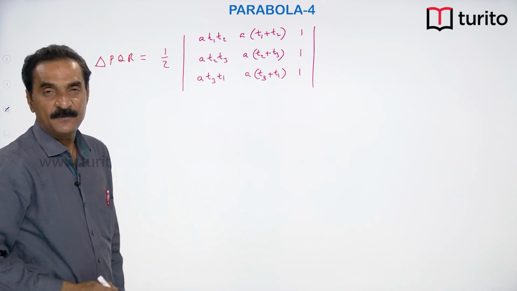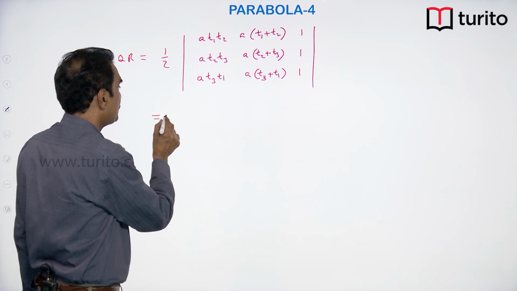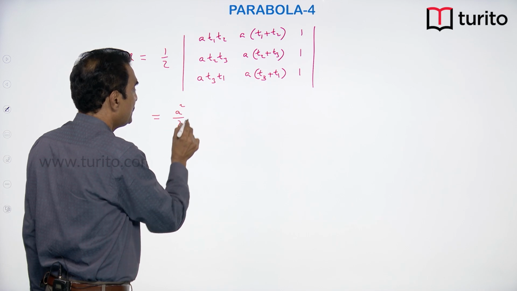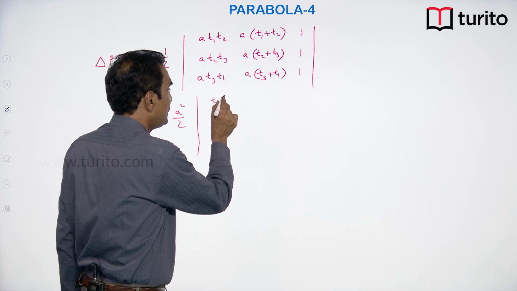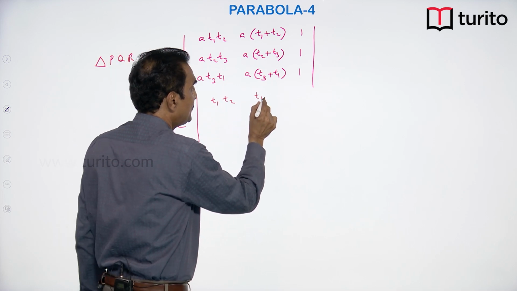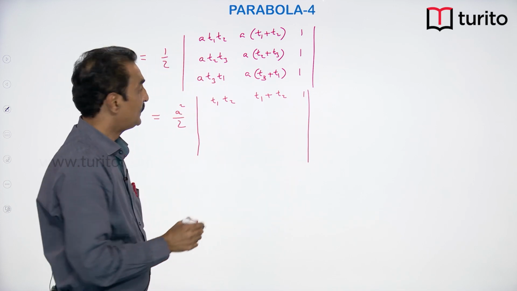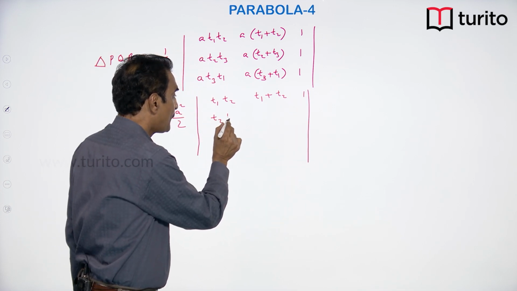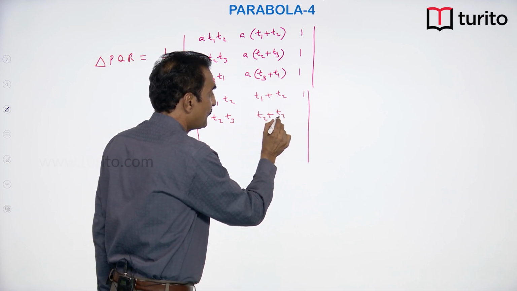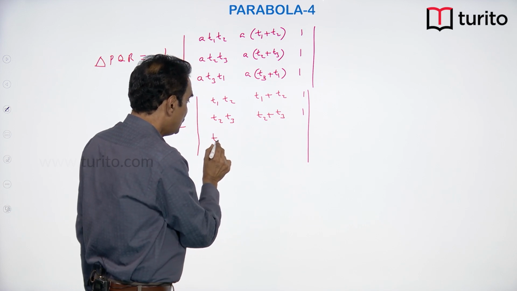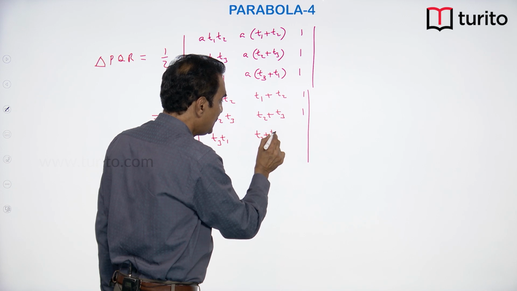We can take A common from the first column and another A common from the second column. So, we get A square by 2 into the determinant t1 t2, t1 plus t2, 1; t2 t3, t2 plus t3, 1; t3 t1, t3 plus t1, 1.